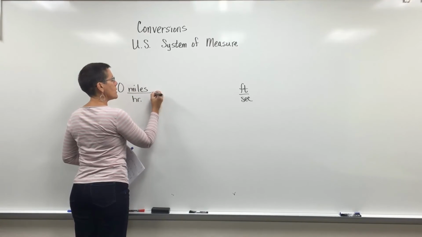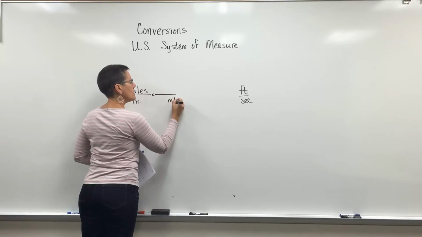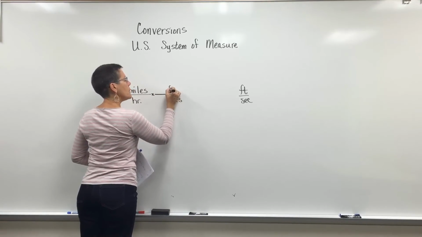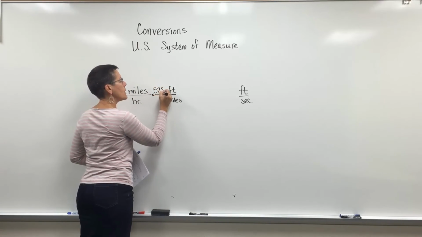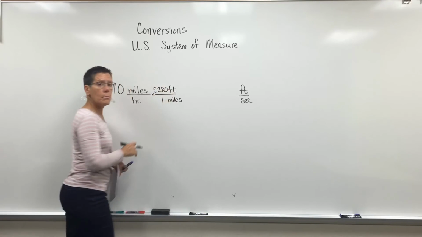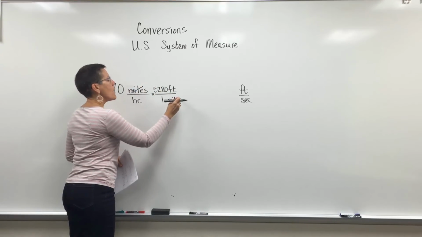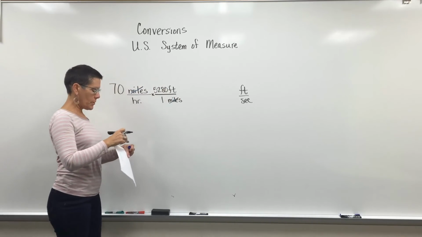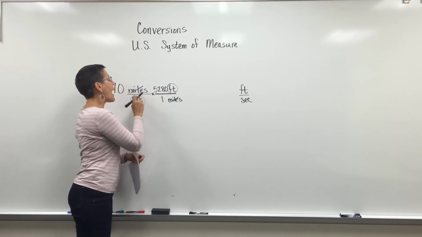Let's go with the miles first. The word miles is in the numerator. I'm going to put the word miles down here and the word feet up here, because I seem to recall that there are 5,280 feet in 1 mile. And as a result of multiplying 70 by 5,280, my answer would be in feet per hour.